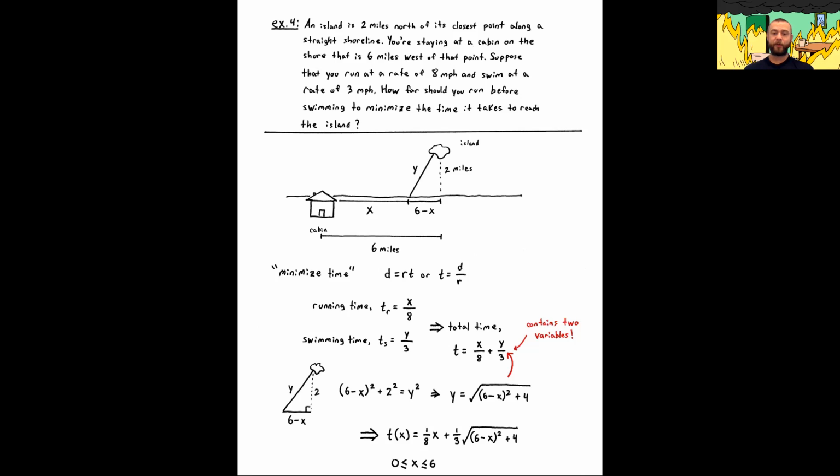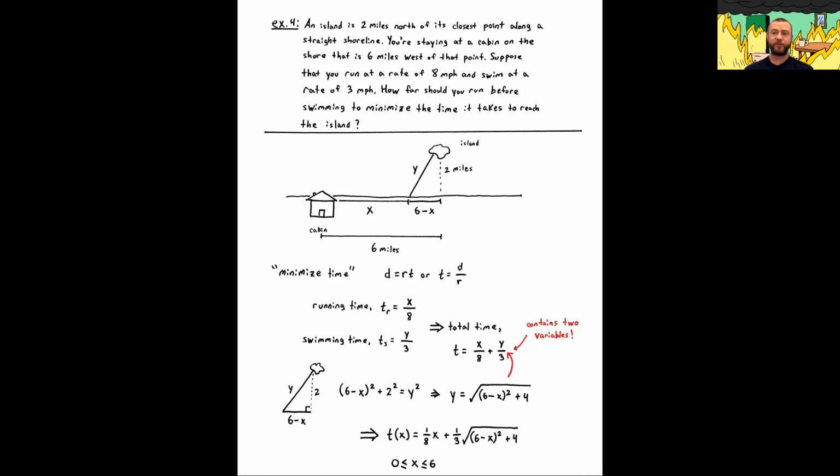In the previous example, example 3, we mentioned a trick about minimizing the inside. We can't do that here since our function is not an entire square root. We only have part of our function or formula as a square root expression. So we can't apply that trick about minimizing the inside here.